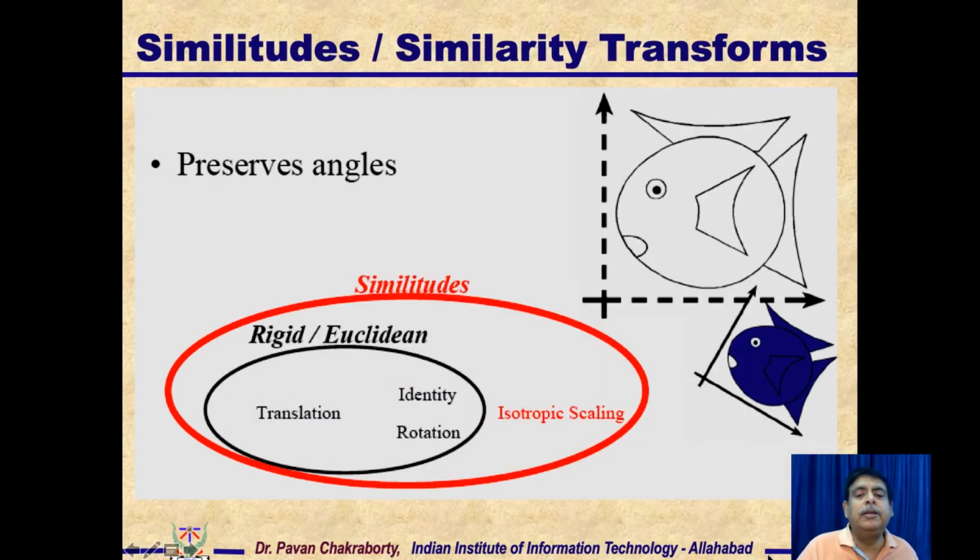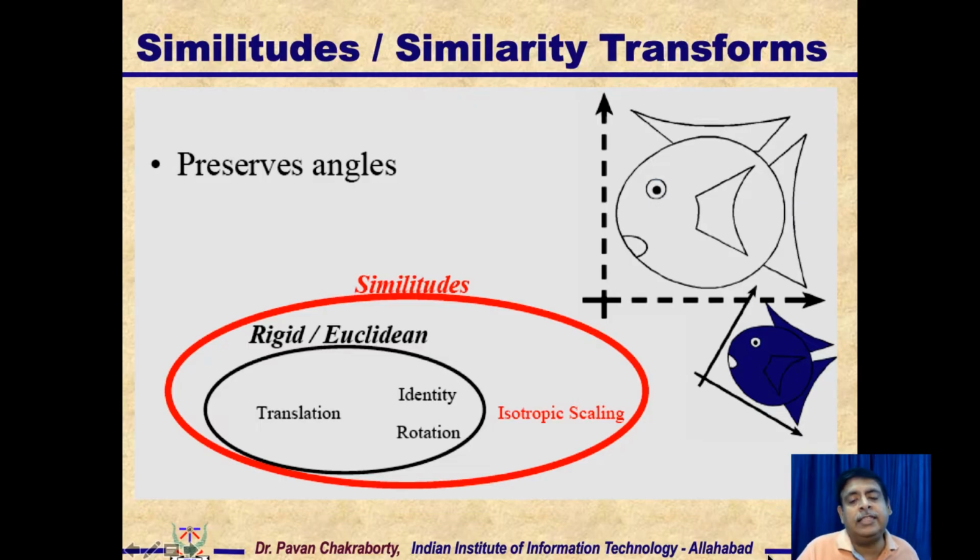Next we come to the isotropic scaling. I could make the object bigger or smaller. So in this case, my distances are no more preserved, but my angle is preserved because it's an isotropic scaling.